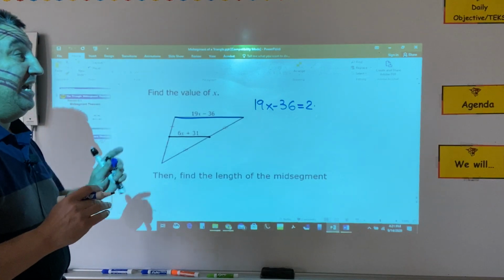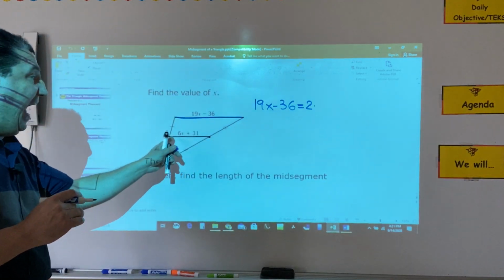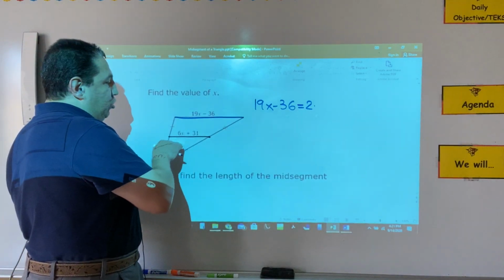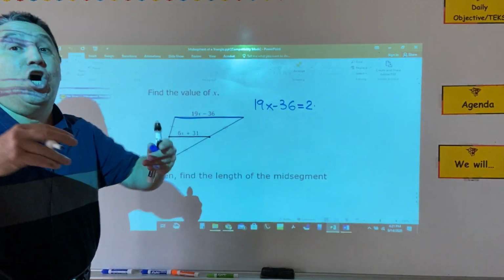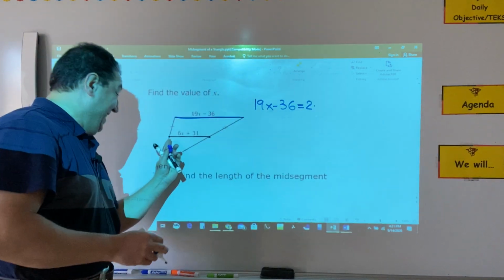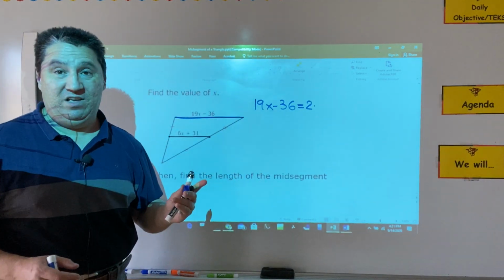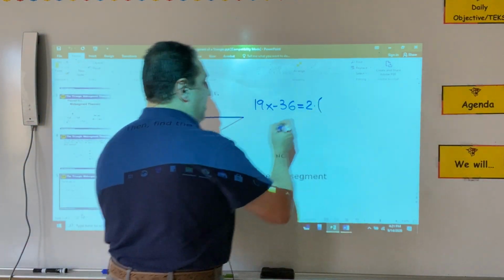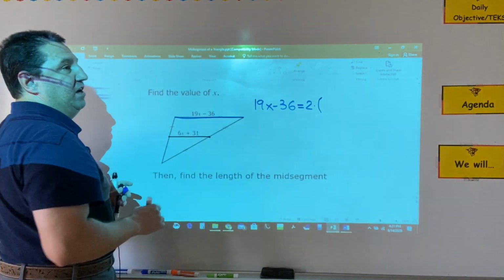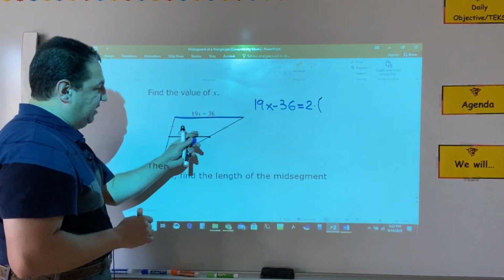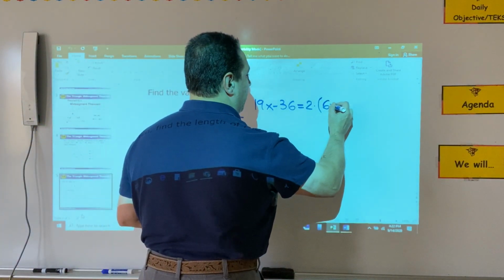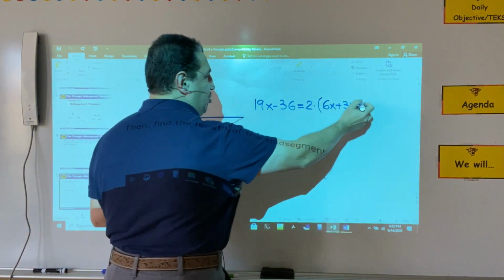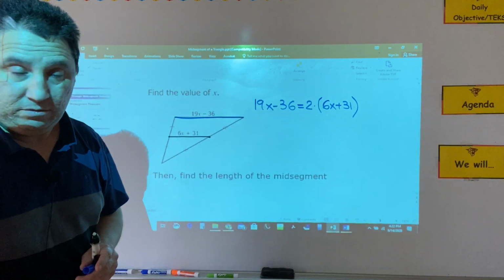But in order to make sure we multiply the whole segment by 2, we use parentheses. So we open parentheses and we write the length of the mid-segment, which is 6x plus 31. Good. If you open the parentheses, don't forget to close it.